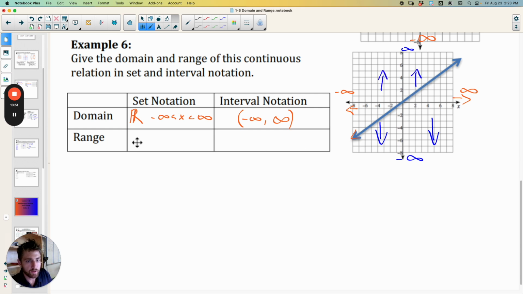So we can go ahead and start to say that the range is going to be all real numbers. You can also represent it like this, but don't use an x. We've got to use a y. So y is less than infinity, but greater than negative infinity. And then interval notation, you can say it the same way that we did this right here for domain.